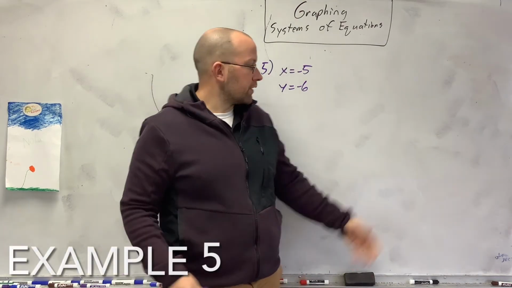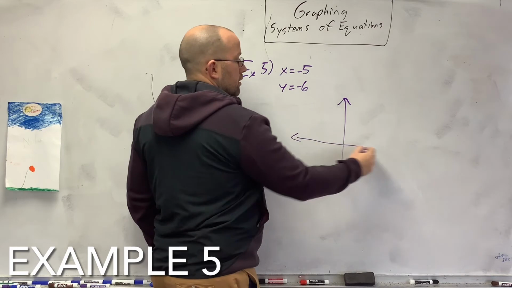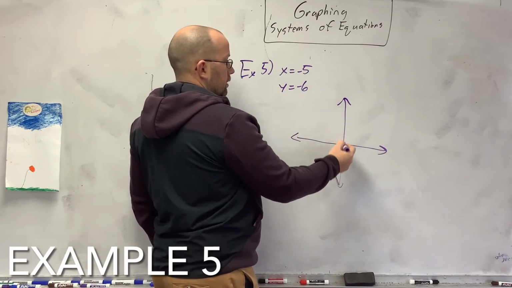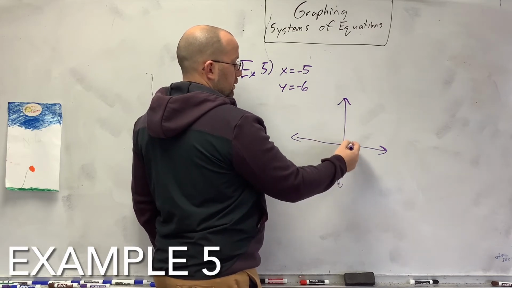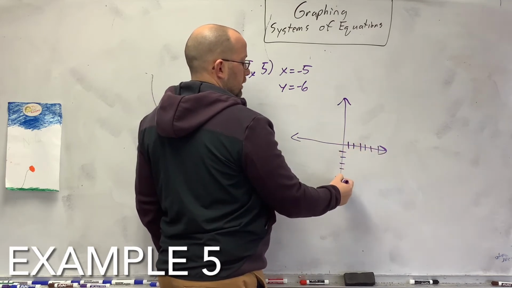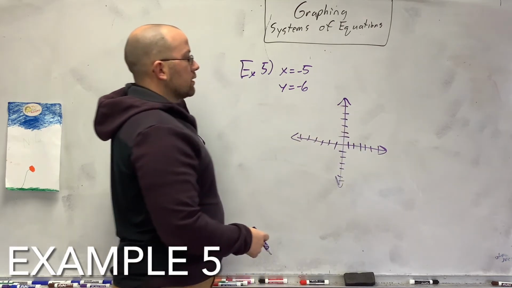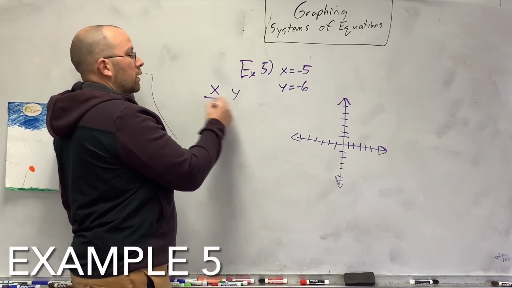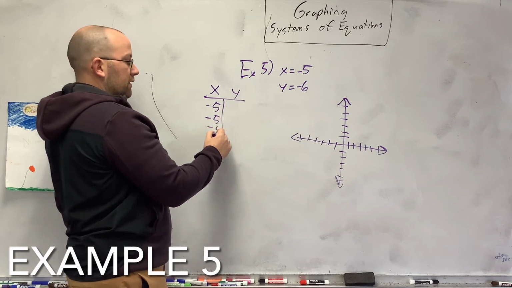All right, now we're going to graph another one. These are both already in their slope-intercept form, kind of. So when I graph it, if you want, you can make a table. For your first one, x is always going to equal negative 5.